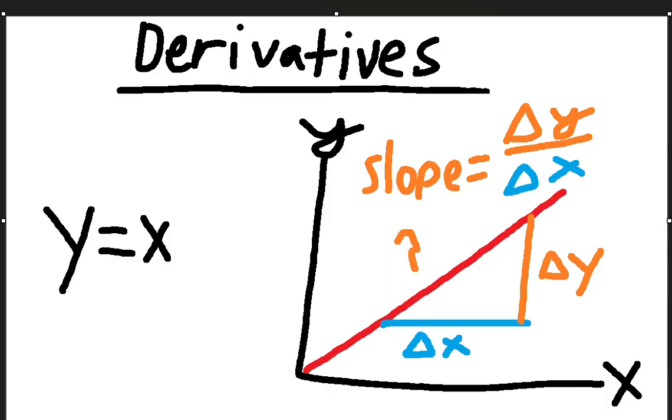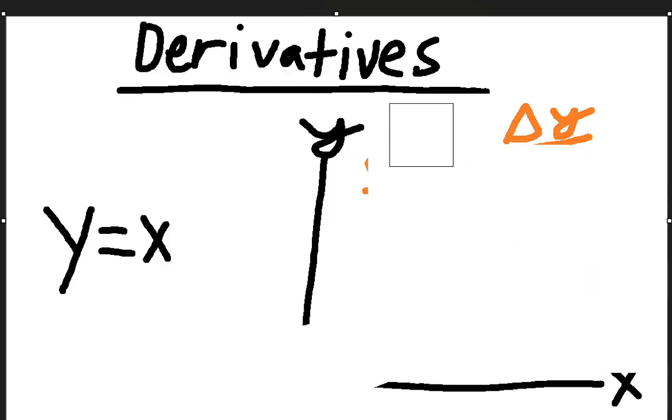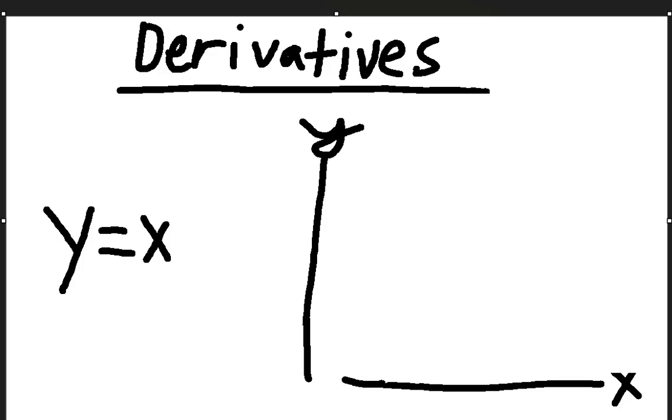But what if it's not y equal to x? There are many things in nature and engineering and much more that do not look linear like that. So let's say that this is not y equal to x, but x squared. And you know what?